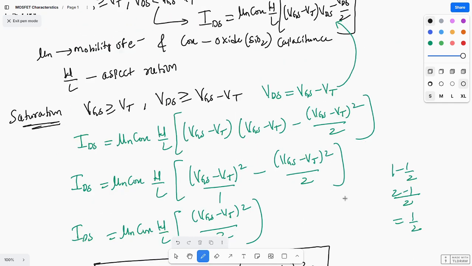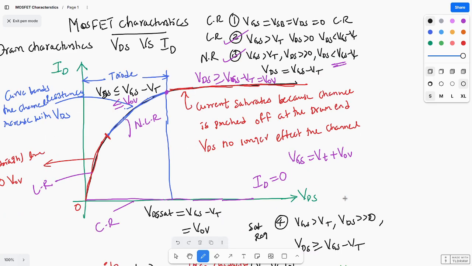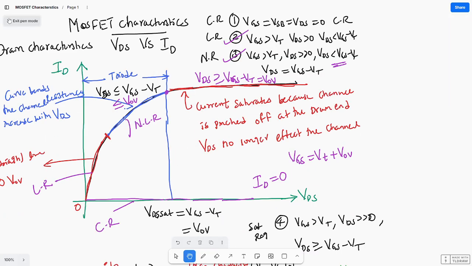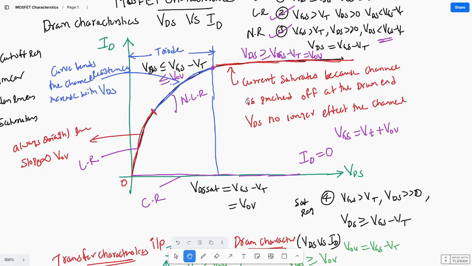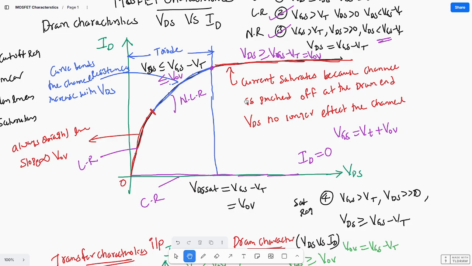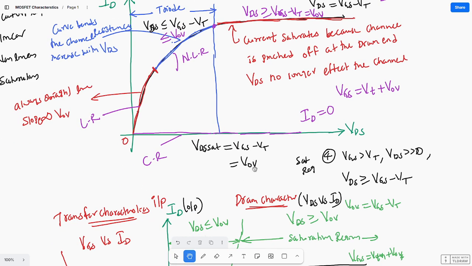First, we have seen the basic MOSFET characteristics. Different types of regions we already saw: the linear region and non-linear region, which we call the triode region, and the saturation region.